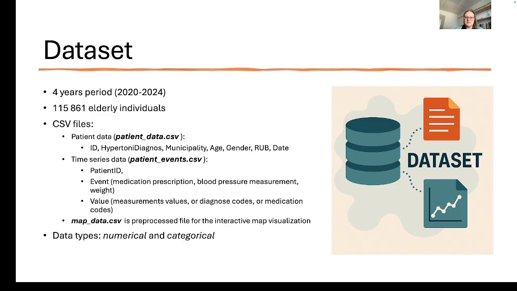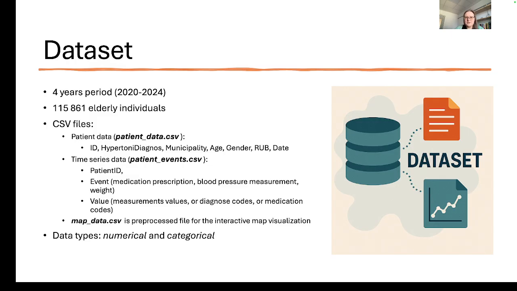And the value is the value of that measurement. If it was a systolic blood pressure measurement, then it will be the value of that measurement. If it was medication, it will be the code of the medication. So the data that we are going to work with here is only numerical or categorical data.